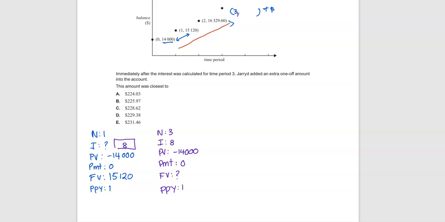That's okay. So we end up with 17,635.97. So when we got to the end of the time period, it was this. Okay, so some extra money was added.